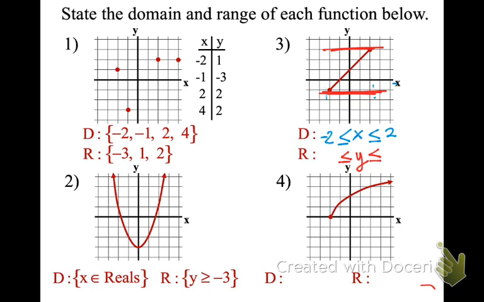My lower boundary, this is -1. That's what I'm really kind of talking about right here. And my upper boundary, it goes to here, which is +1, 2, 3. Is that making sense? We're looking at width and height. Domain is our width. Range is our height. It's our y-axis.